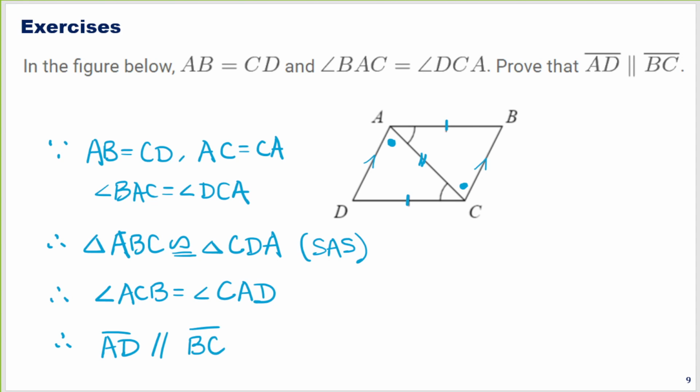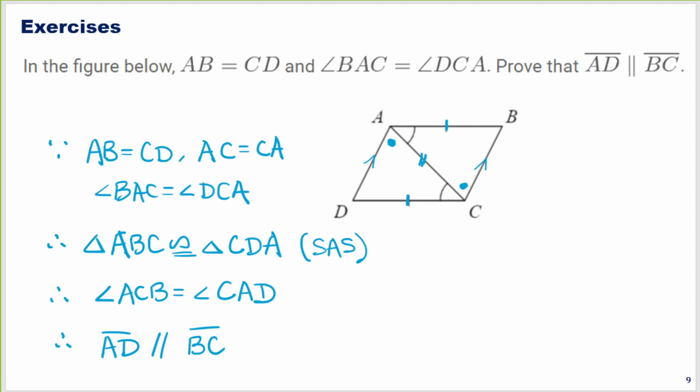We know that triangle ABC is congruent to triangle CDA, so it means that they are completely the same. Can't we just say that AD is parallel to BC because we know that they're completely the same?